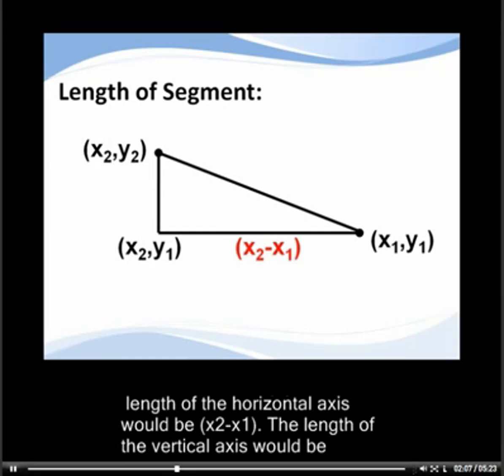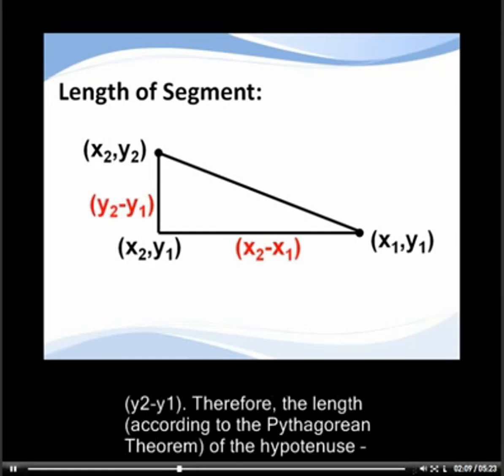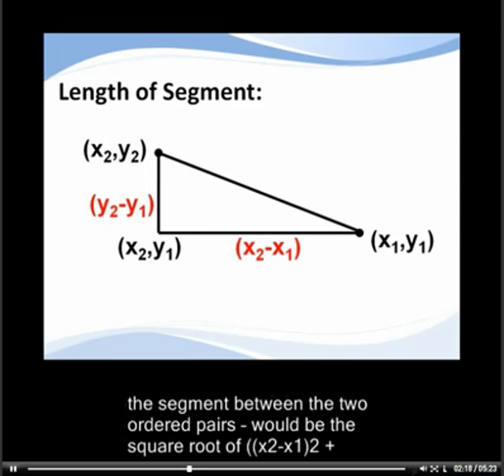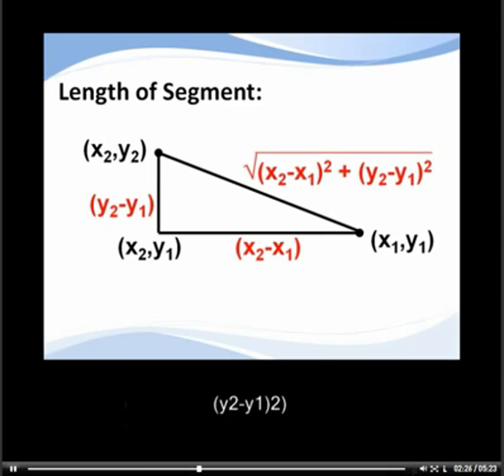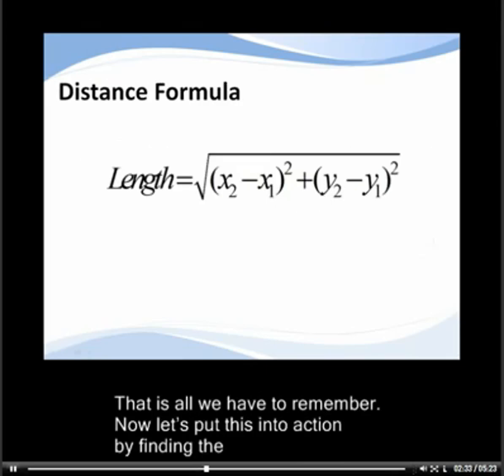The length of the vertical axis would be y2 minus y1. Therefore, the length, according to the Pythagorean theorem, of the hypotenuse, the segment between the two ordered pairs, would be the square root of (x2 minus x1) quantity squared plus (y2 minus y1) quantity squared. That is all we have to remember.